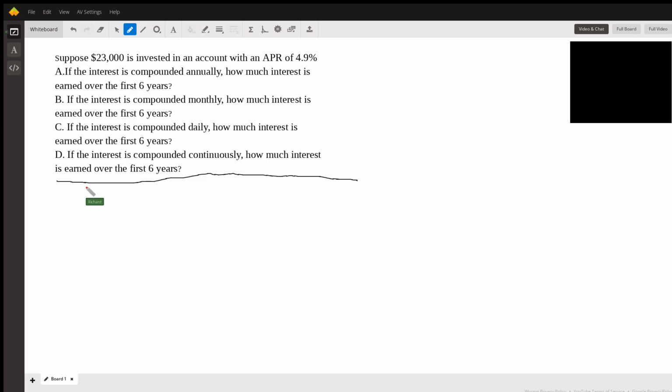This is a formula that I use personally all the time, and it's A equals P times (1 plus R over N) to the NT. I'll explain it in a second. A is the ending amount.